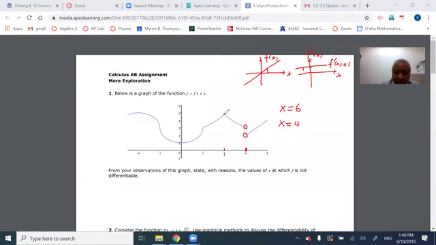On this side the slope is going this way, and on this side the slope is going that way. They have different slopes at the same point. That means when x approaches 4 from the left side and when x approaches 4 from the right side, they have different slopes. That's why the derivative at x equals 4 does not exist.